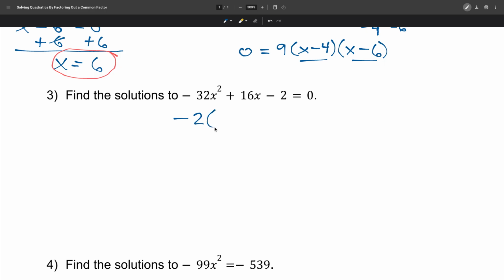So if I rewrite this as negative 2 times, this would have to be a positive 16x squared, then it's going to be a minus, not plus, so minus 8x, and then plus 1 here. And that's equal to 0.